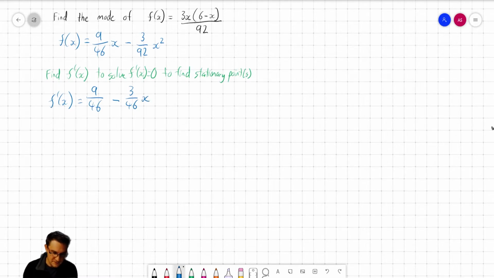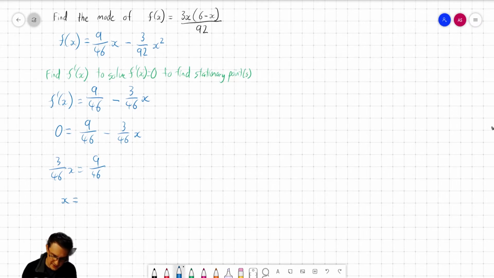So now with this, I need to be able to solve it. And remember, I want it to be equal to 0 to find those turning points. So I'm going to have 0 is equal to 9 over 46 minus 3 over 46 x. Rearranging this, I'm going to have 3 over 46 x equals 9 over 46. And again rearranging, I'm going to divide by the 3 over 46 on both sides of the equation.